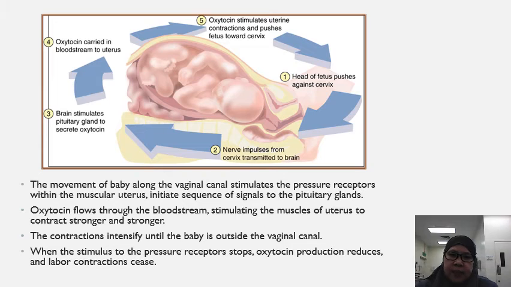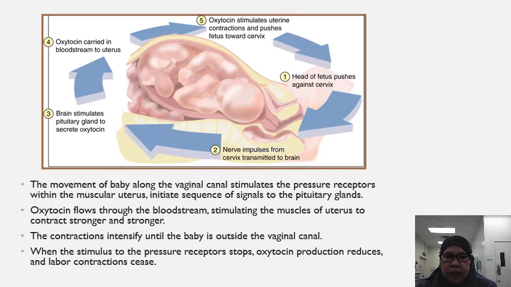And this slide shows the process of childbirth, which is part of positive feedback. The movement of the baby along the vaginal canal will stimulate the pressure receptors within the muscular uterus, and it will initiate a sequence of signals to the pituitary gland. So the oxytocin flows through the bloodstream from the mother.